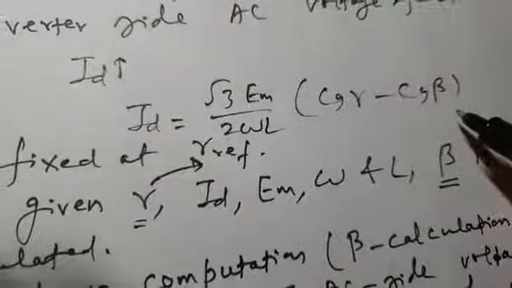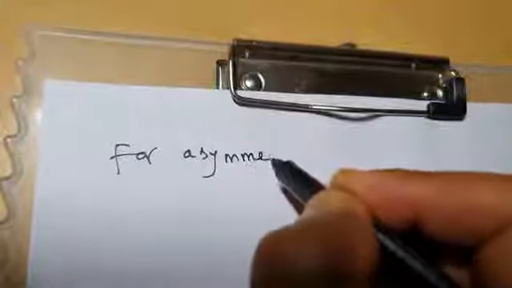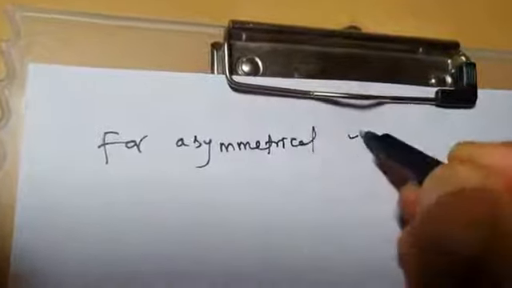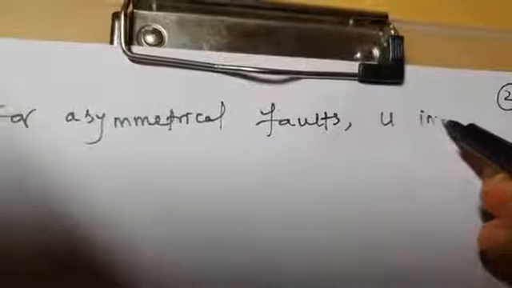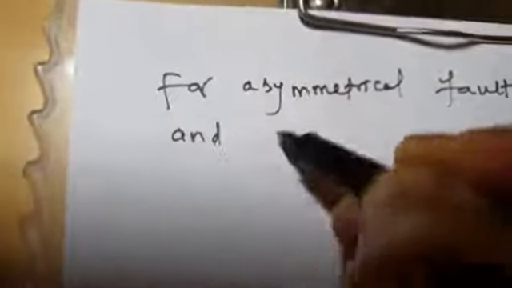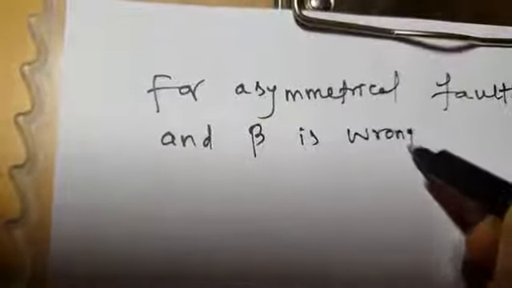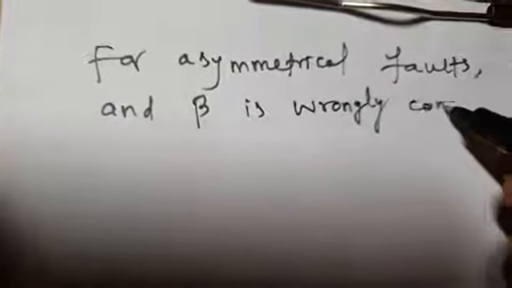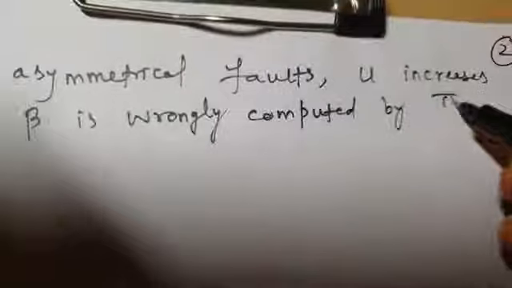Therefore that will result in commutation failure. So I will write here, for asymmetrical faults, U increases and beta is wrongly calculated or computed by the controller.